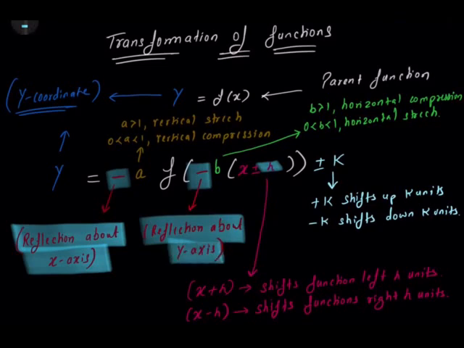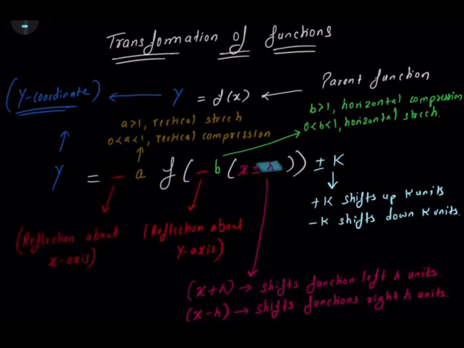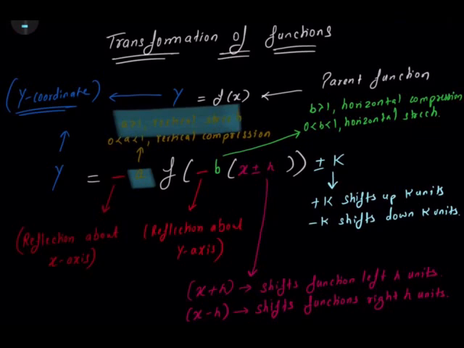Other than that, two more transformations are there, one related with a and one related with b. So if we introduce a variable a, it can have a value either greater than 1 or between 0 and 1.